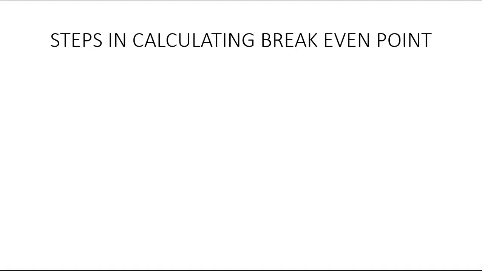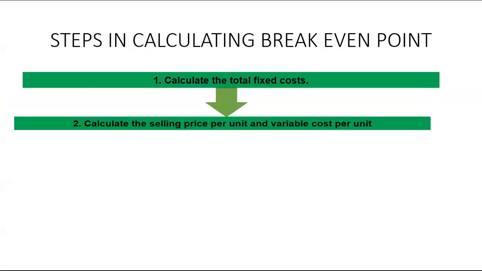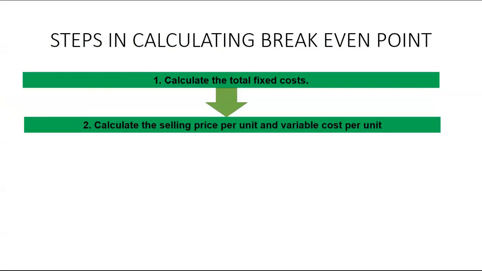And one thing, the first thing that you will need when you calculate break-even point is your total fixed cost. Step number one. You need to have your fixed cost. Step number two, you need to calculate a selling price per unit and the variable cost per unit. Per unit.